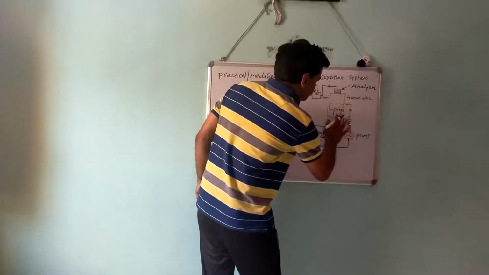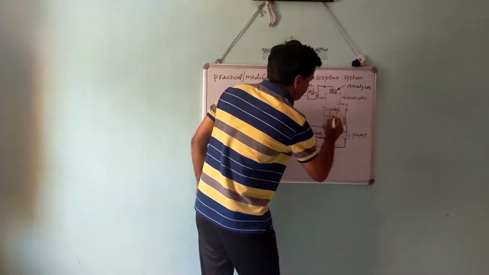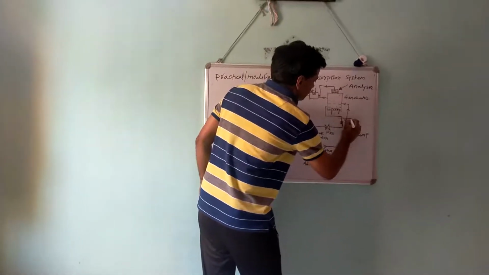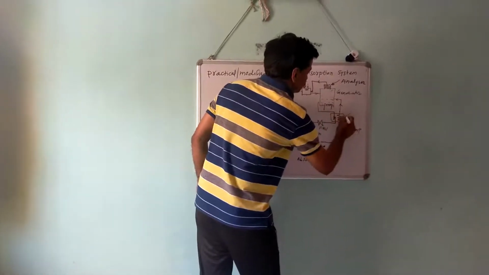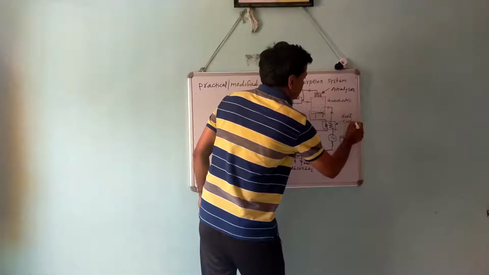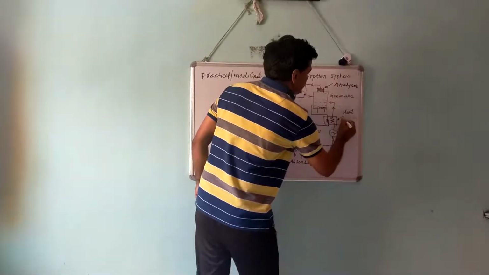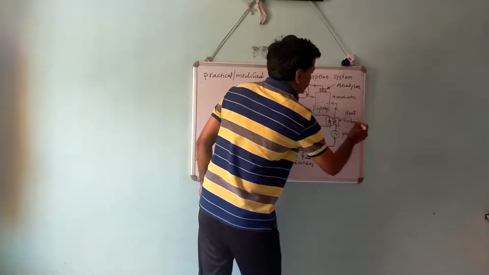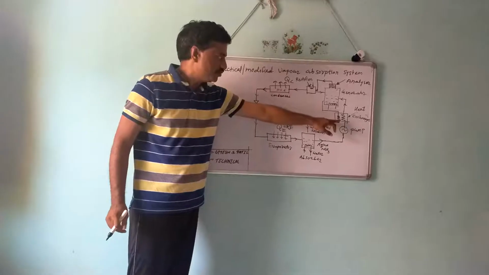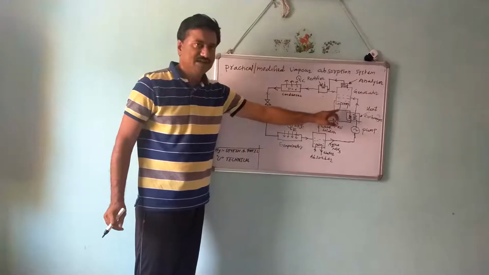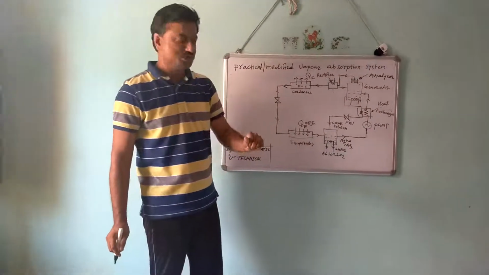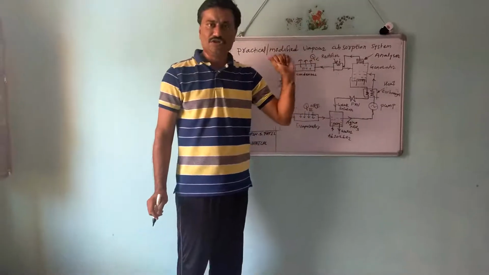And here a heat exchanger is fitted. So this is a heat exchanger in between the strong solution of aqua ammonia and the weak solution. The water which is leaving the generator has certain heat, so that heat will be exchanged with the strong solution of aqua ammonia that is entering the generator.